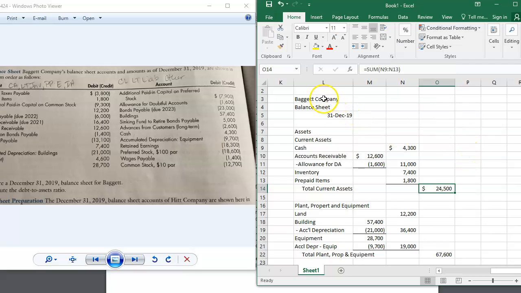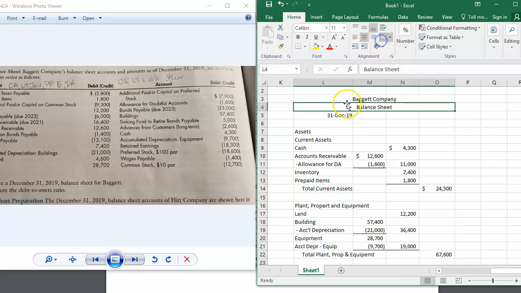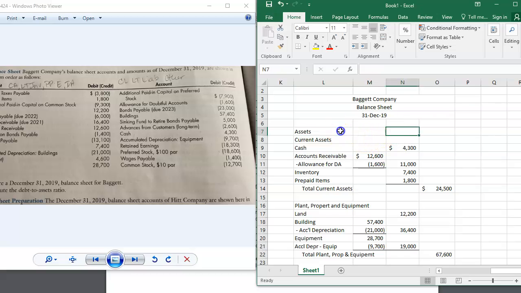Okay, and then this stuff, you're going to want to do the merge and center. Sadly, you have to do each line individually. But you'll need to practice making this look pretty, because if you ever have to do this at work, it needs to look pretty. And it needs to look like a formal financial statement.